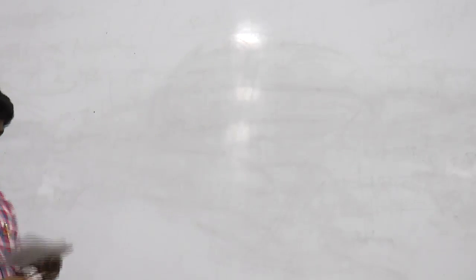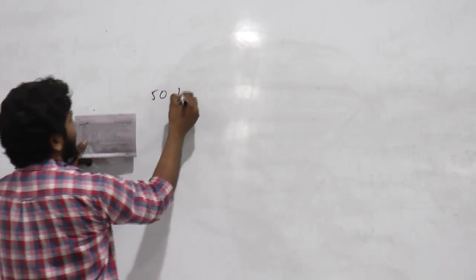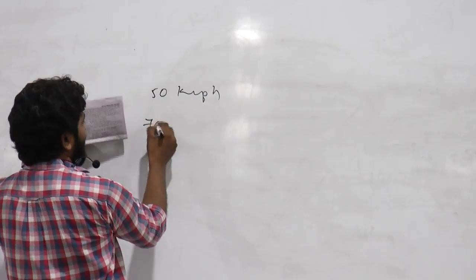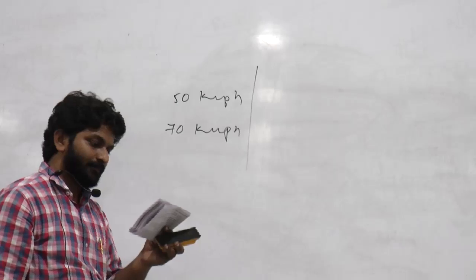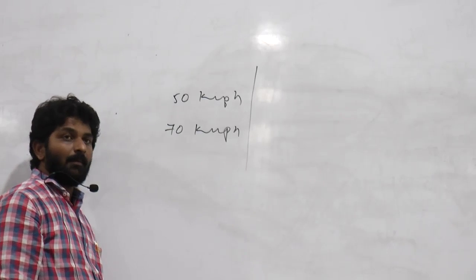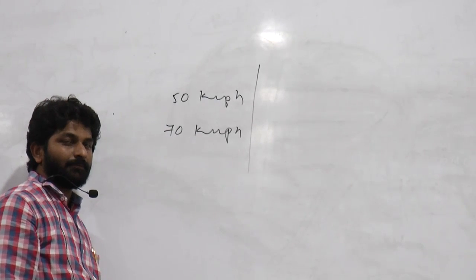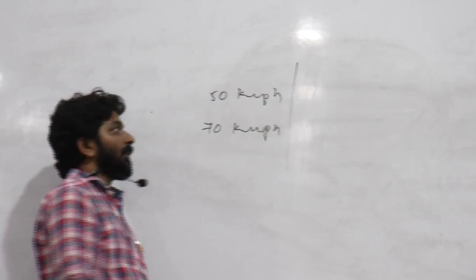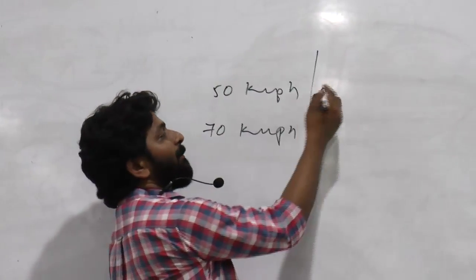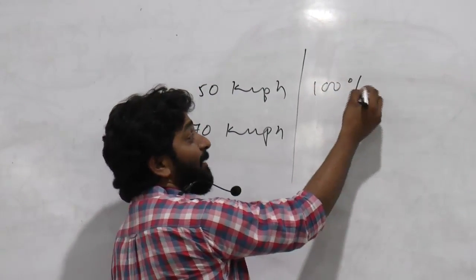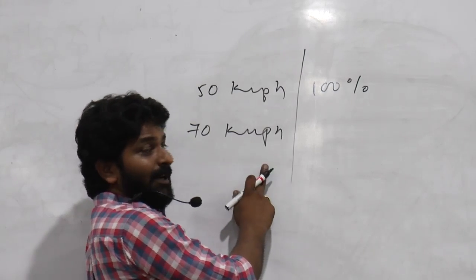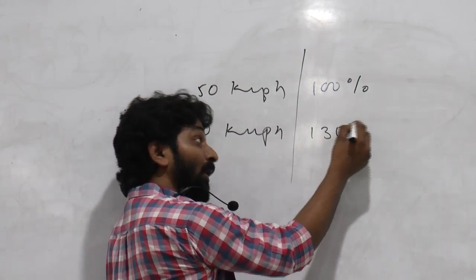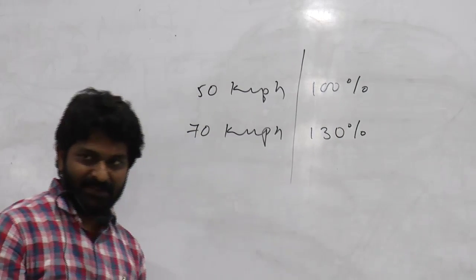Right. 50 km per hour and at the rate of 70 km per hour. With the rate of 50 km per hour, if it uses 100% of diesel, at the rate of 70 km per hour, it will use 130% of the diesel.